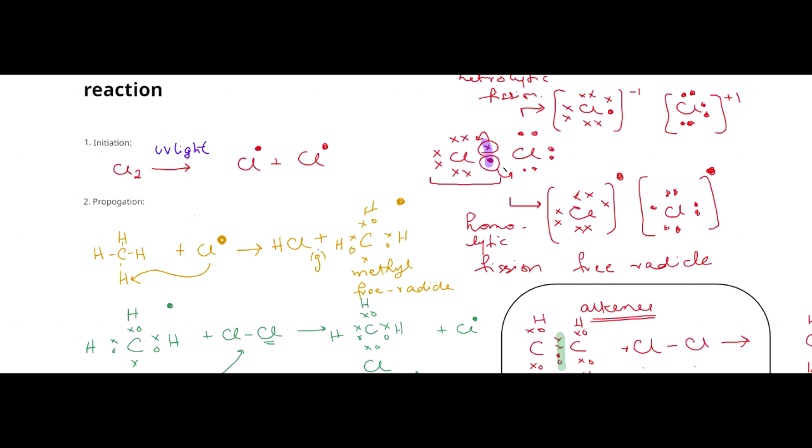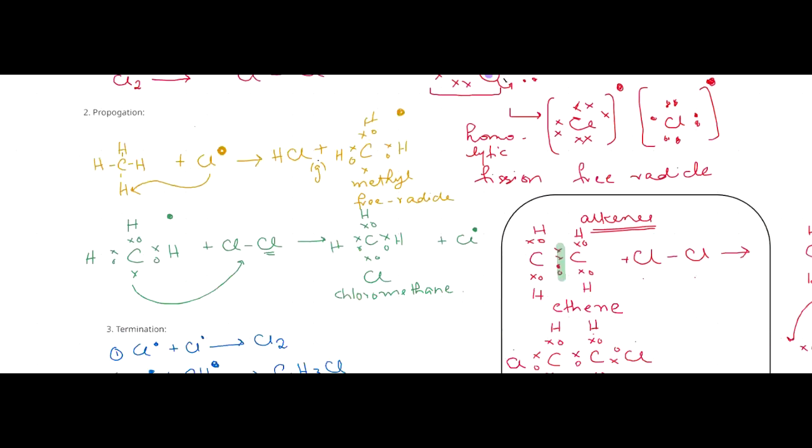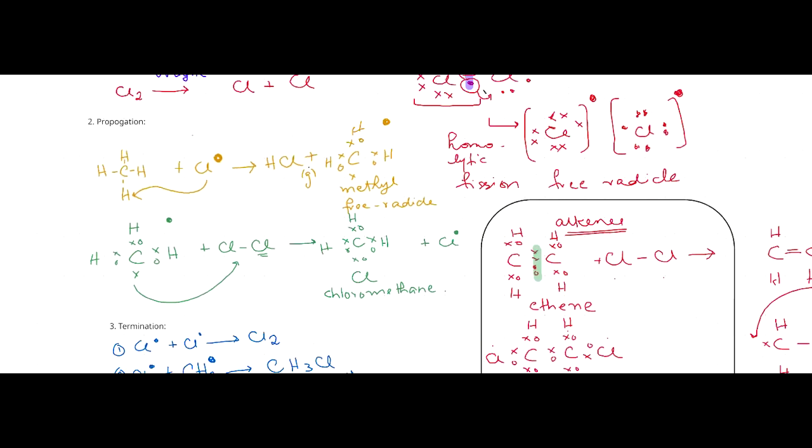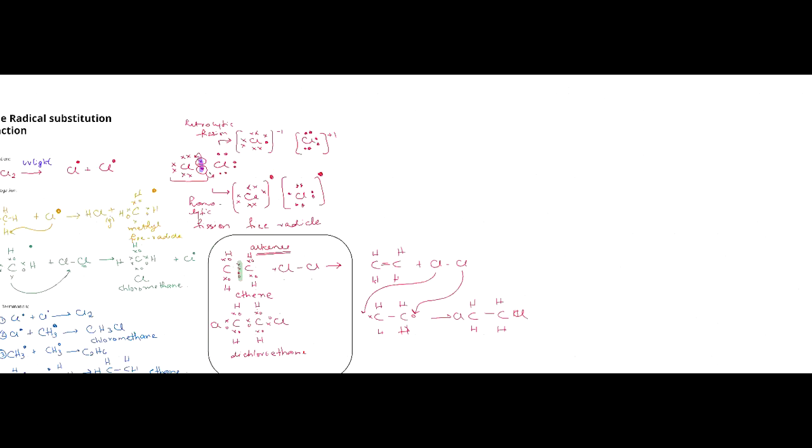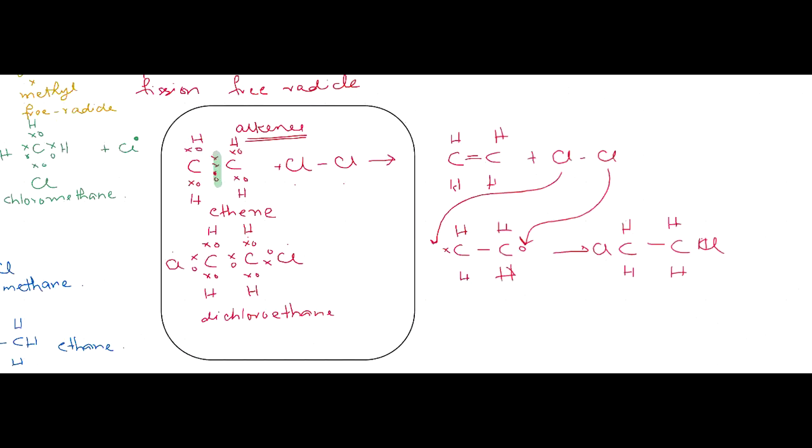So if chlorine wants to become a part of the molecule, it will have to substitute. It will have to replace one of the hydrogen atoms. It will have to take the place of one of the hydrogen atoms, right? That is what has to happen. In alkenes, that's not true. In alkenes, because there is a double bond, I can break one of those double bonds, and by breaking the double bond, I can create space.